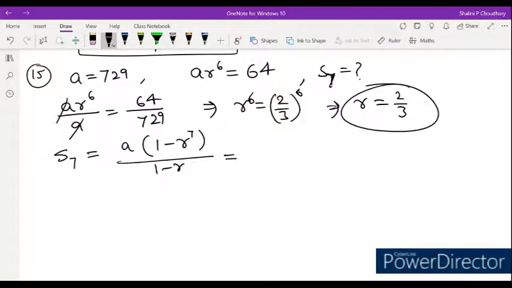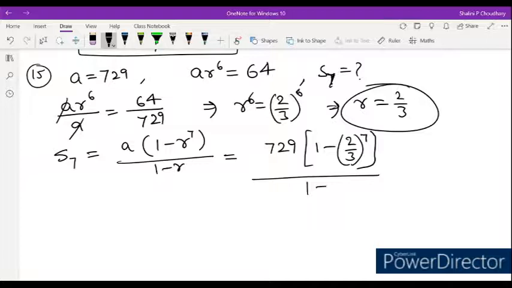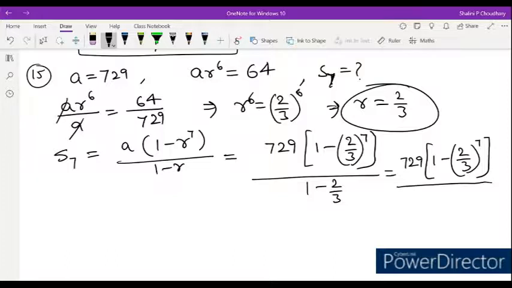Okay, so this a is 729 and r is 2/3, so 729 multiplied by 1 minus (2/3) to the power 7 divided by 1 minus 2/3, which is 3 minus 2 divided by 3.